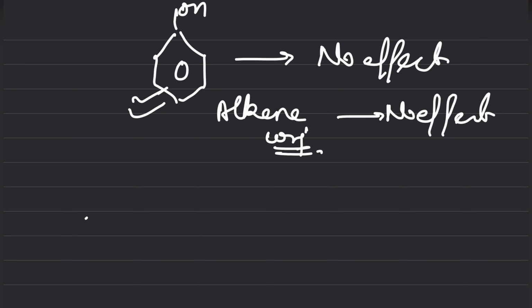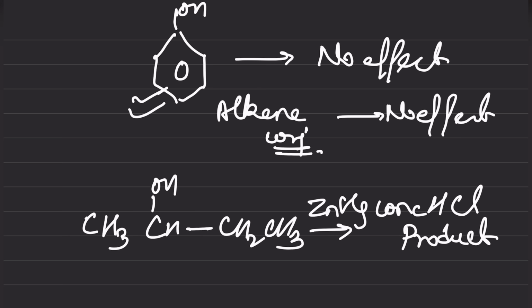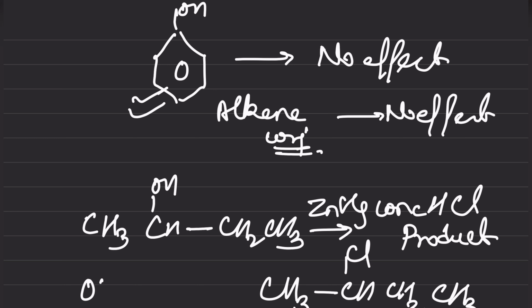Suppose there is an alcohol like this: CH3 CHOH CH2 CH3. We are using Zn-Hg concentrated HCl, so what is the product? The product will be CH3 CHCl CH2 CH3. So OH is converted to Cl. If OH is present, it will be converted to Cl, whether it is a 1 degree, 2 degree, or 3 degree alcohol.